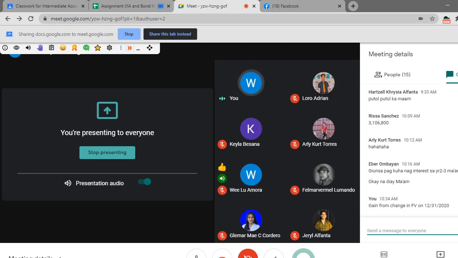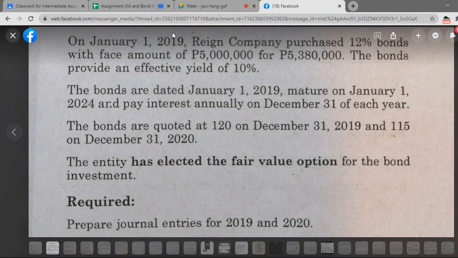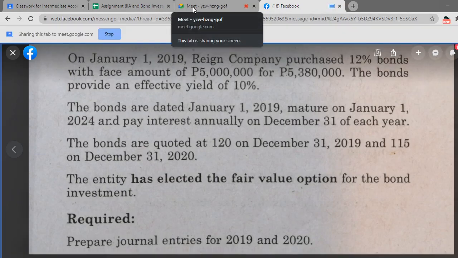Please participate, I already gave that problem. Gain from change in fair value on December 31, 2020 for Rain Company.